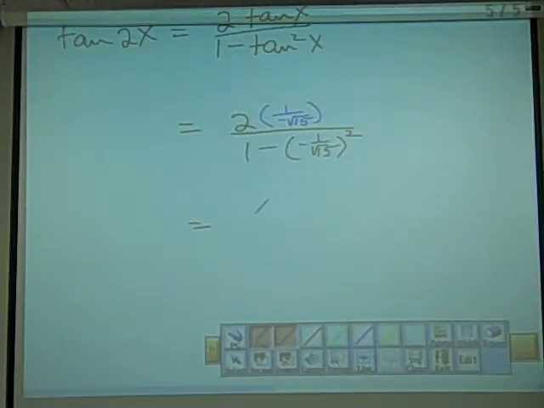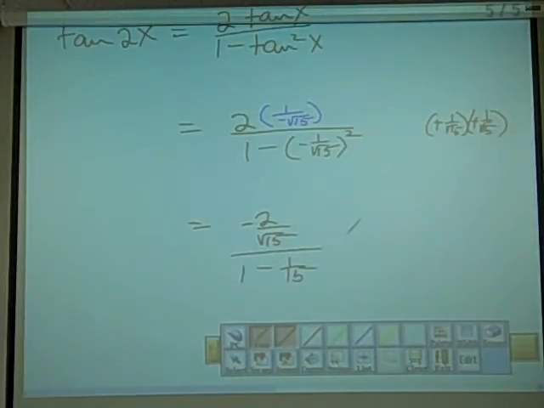Okay, so here in the numerator, we have a negative 2 over square root 15, and in the denominator, we're going to have 1 minus, now this will become 1 over 15, because the negative will get squared, right? This would be like saying negative 1 over square root 15 times negative 1 over square root 15. So the negatives cancel, right? And square root 15 times square root 15, that's going to be 15.